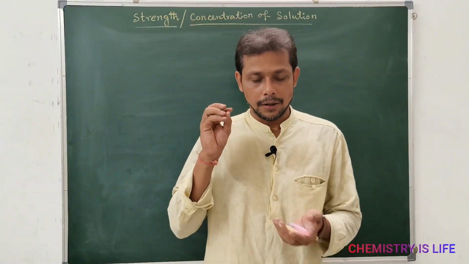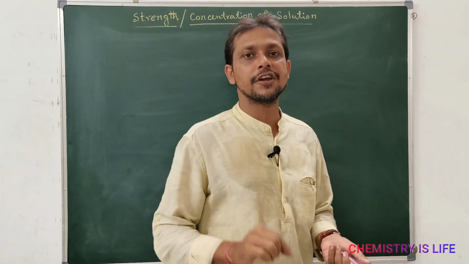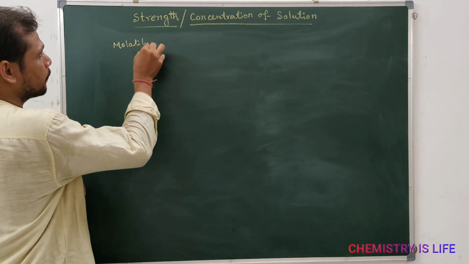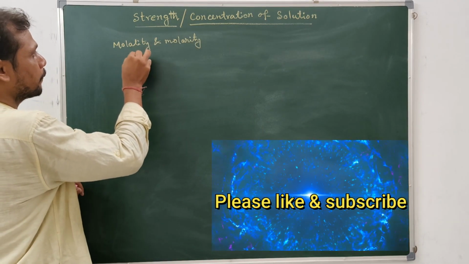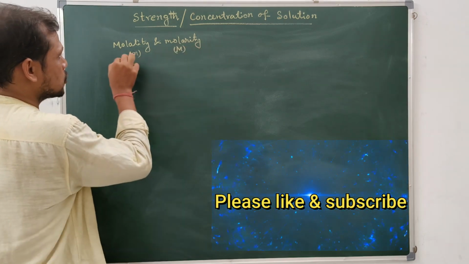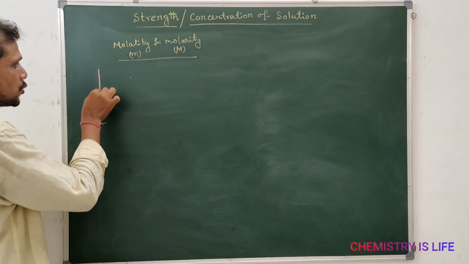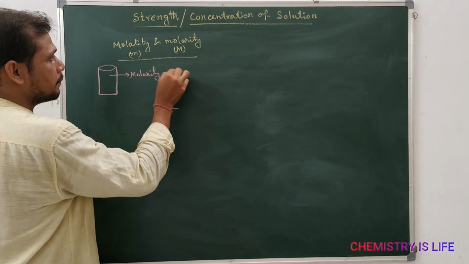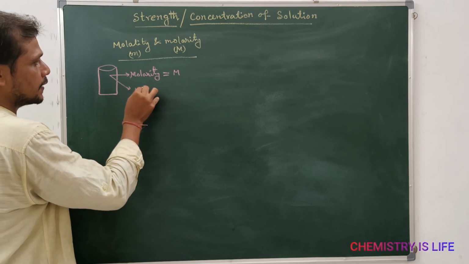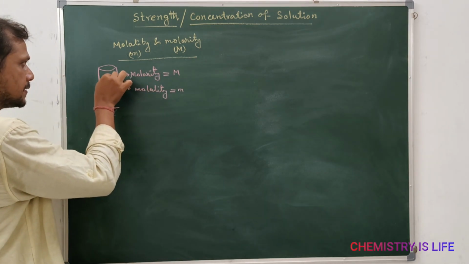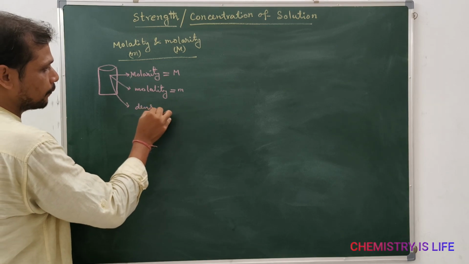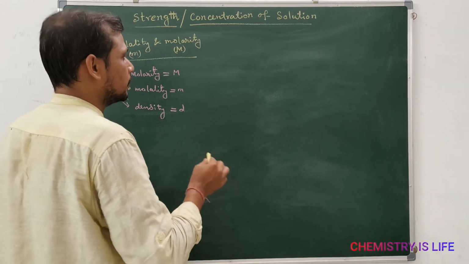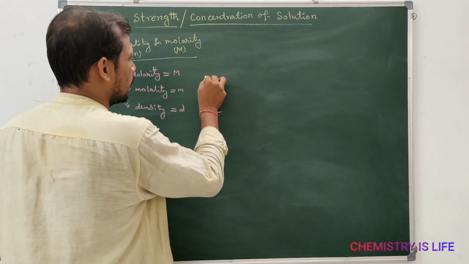Now we learn about the relation between molality and molarity, that is small m and capital M. So let's take a solution whose molarity is capital M and molality is small m, and the density of the solution is small d. We can establish this, but just remember the formula.